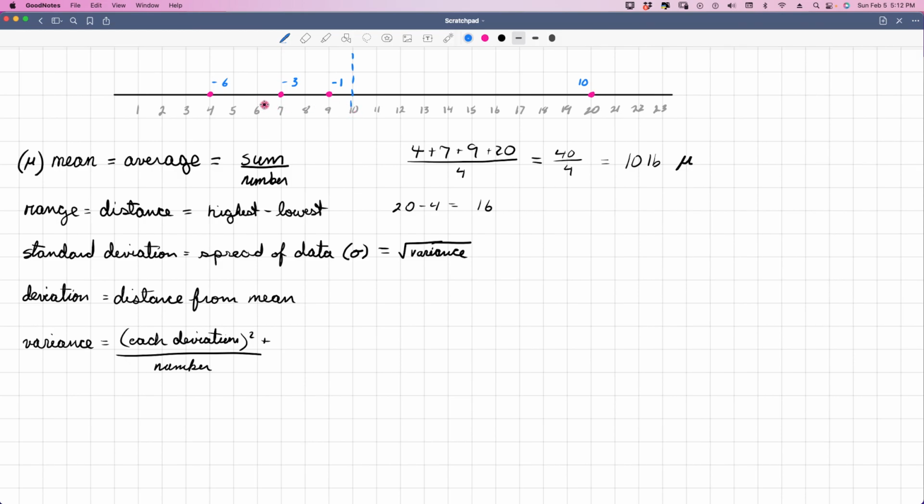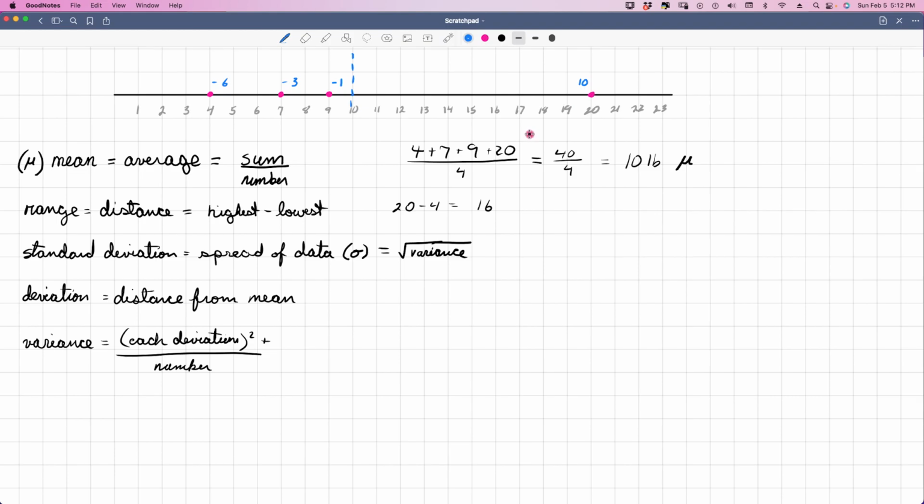Now, if we were to just add these all up to try to find some type of an average, we would get 0 because -6, -3, -1, that is -10, plus 10, that's going to be 0. And it always works out that way. If you think about it, the average is going to be smack dab in the middle of all of the values here. So it's always going to equal 0. That's just the way it works.